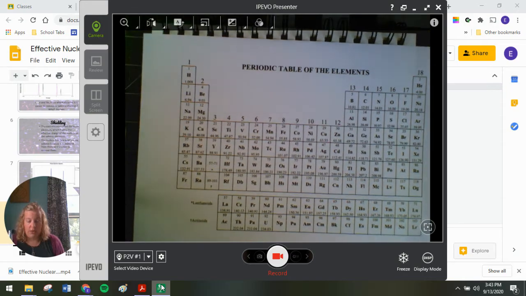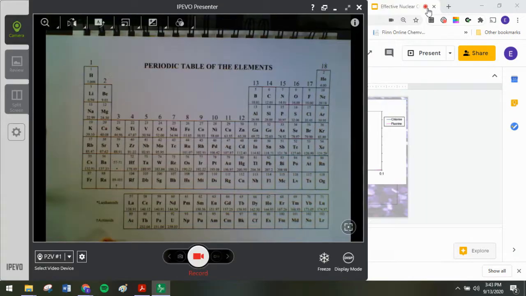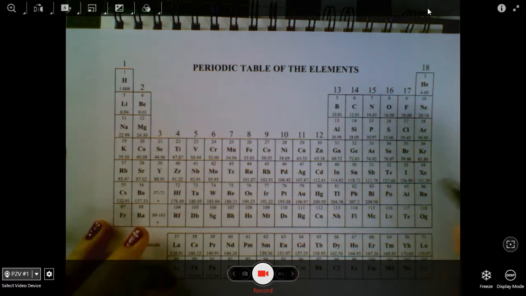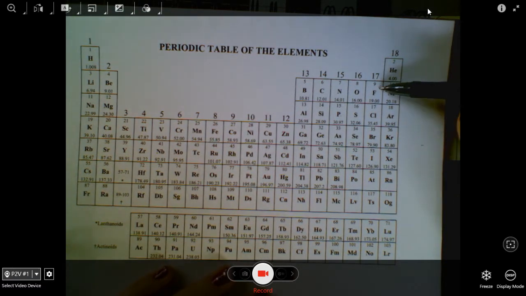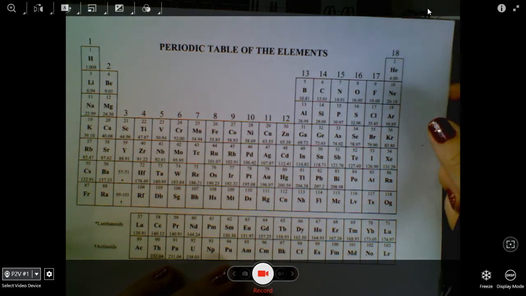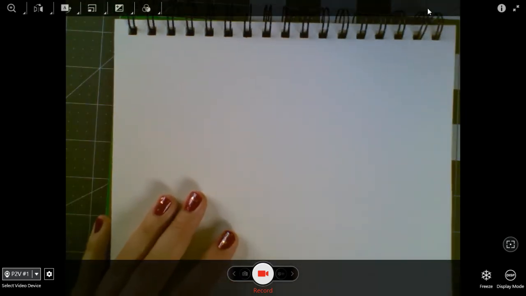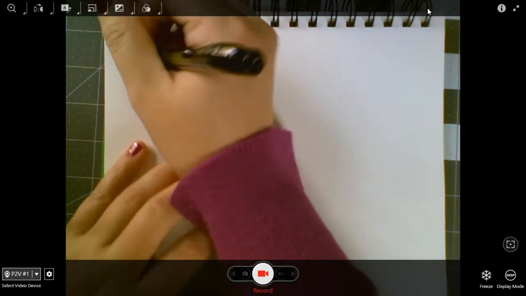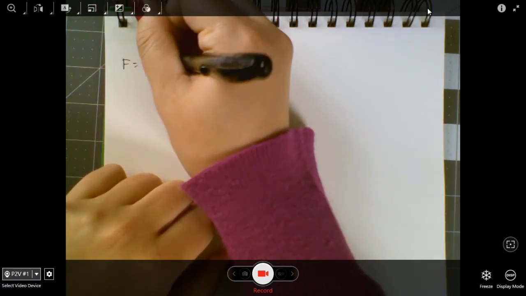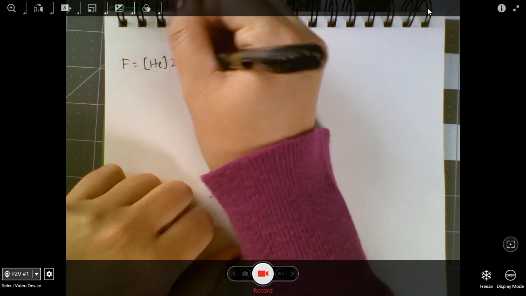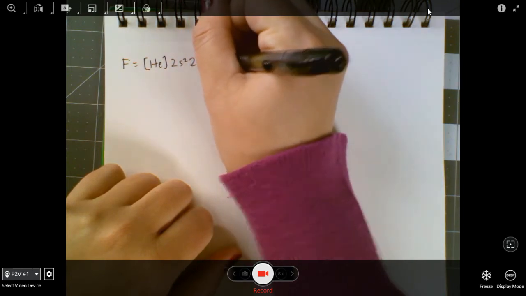Okay. So if we compare our elements, fluorine and chlorine, they are both halogens in group 17 of the periodic table. Fluorine has an atomic number of 9 and chlorine has an atomic number of 17. Keep those in mind as we get going. I'm going to do fluorine first. Fluorine has an electron configuration of helium, 2s2, 2p5.